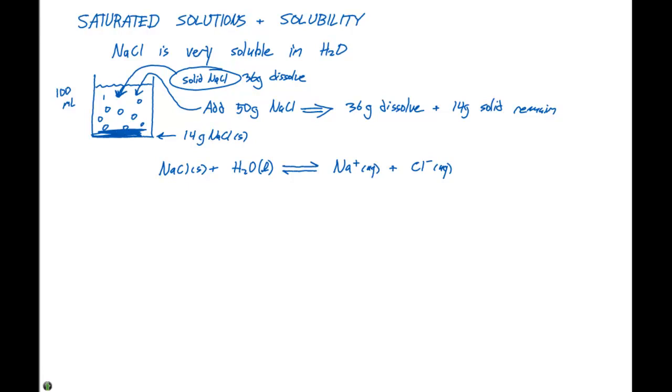The forward reaction we can call dissolution, where we observe this dissolving, and the reverse reaction is crystallization, because the sodium and the chloride are going to crystallize back into the solid.